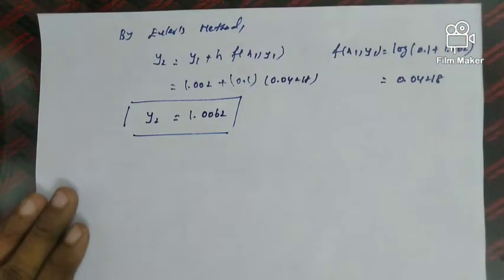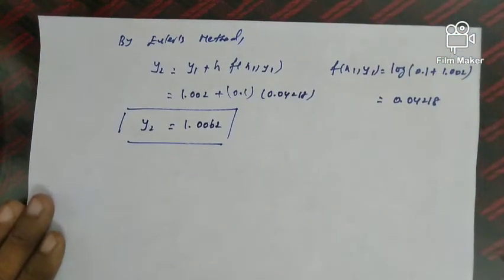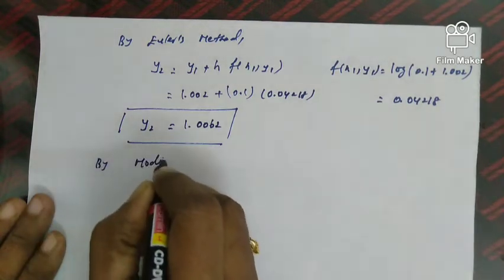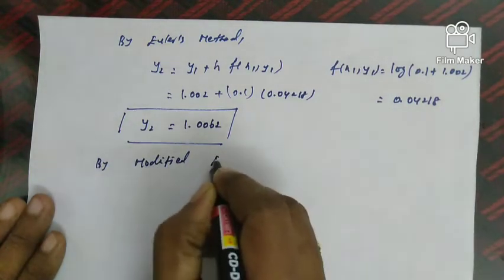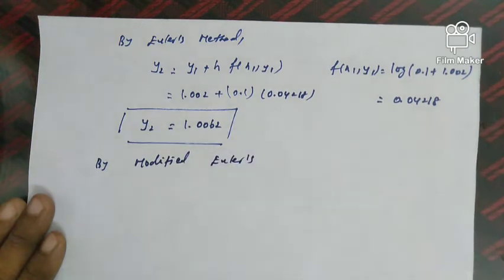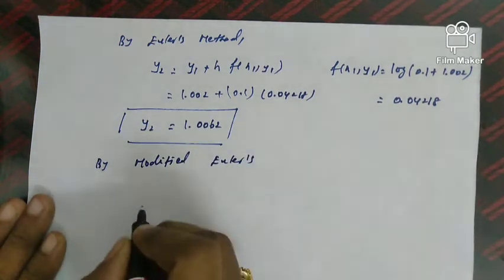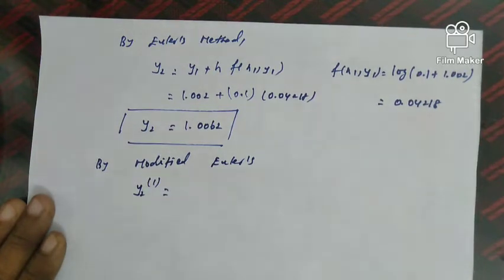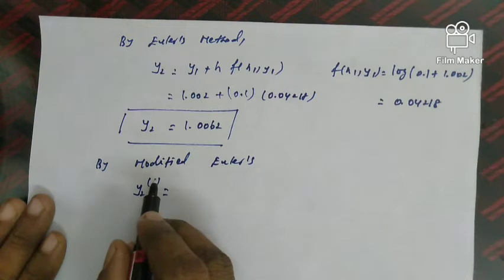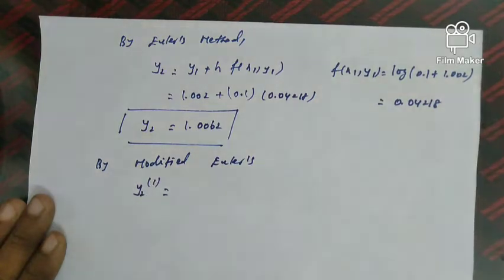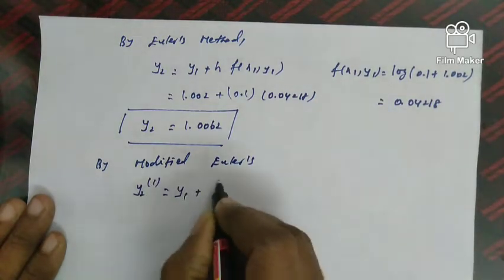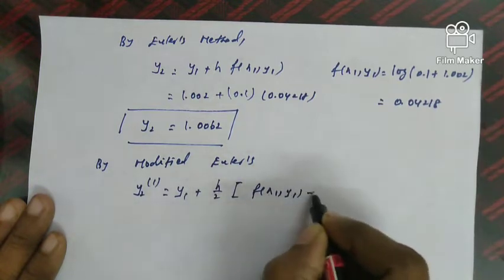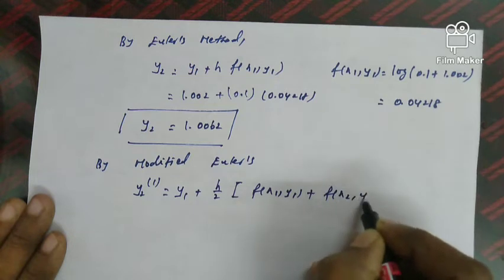So what is the next step? Next we have to apply modified Euler's method. By modified Euler's, the y2 result is the first iteration value of y2. y2 of 1 equals y1 plus h by 2 times f of x1, y1 plus f of x2, y2.